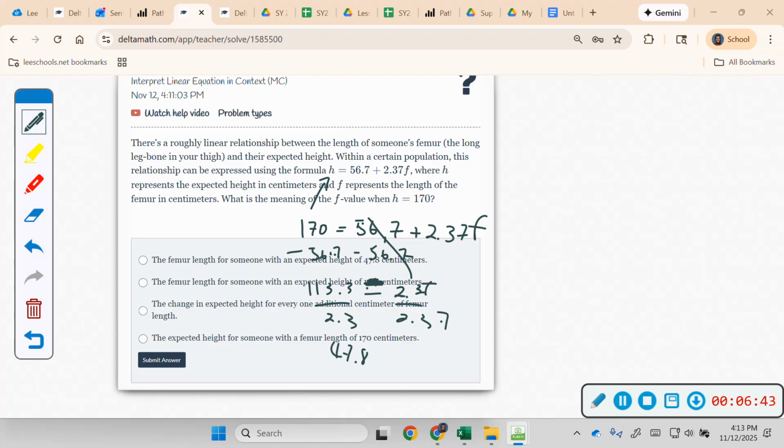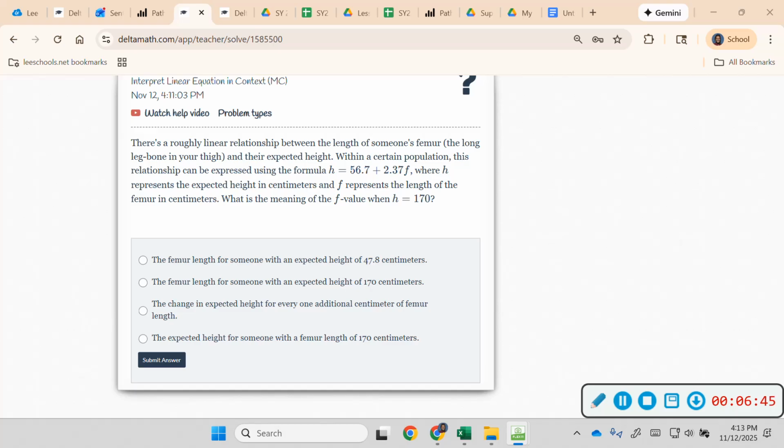So the f value is 47.8. f represents the length of the femur, so it would be 47.8 centimeters for the femur. So the femur length for someone with the expected height of that. Okay, I agree with this.